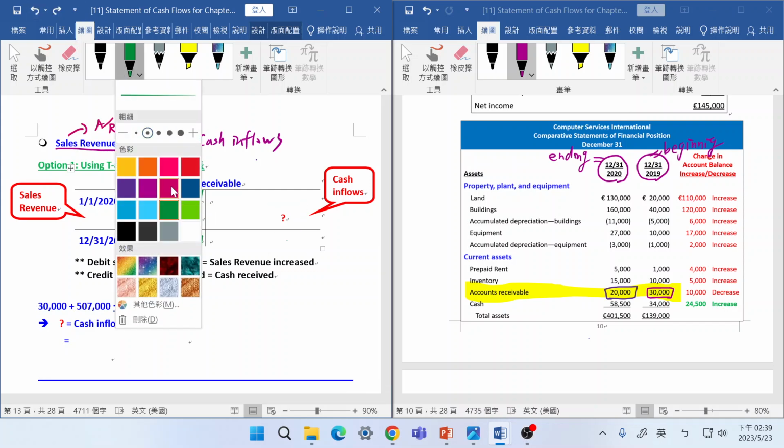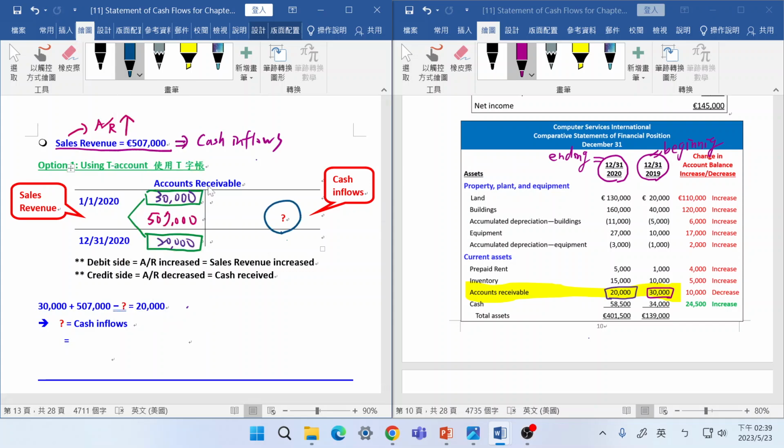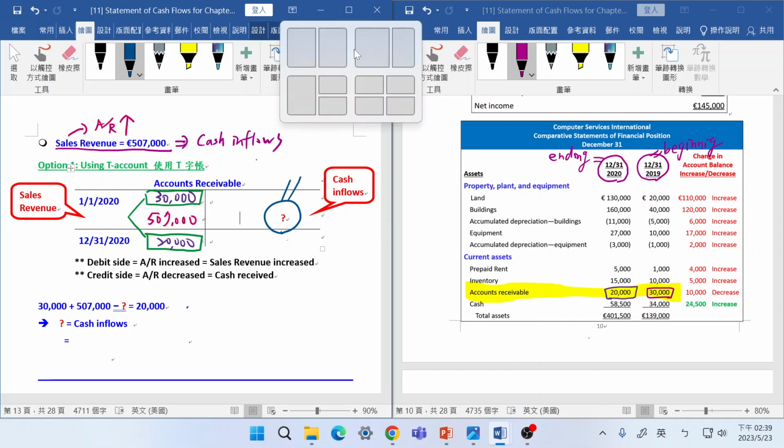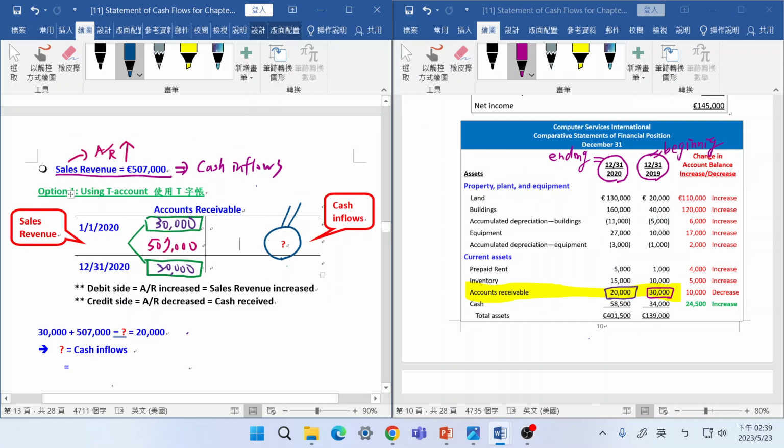Why is that? Because you got the cash from customers. Could you tell me, when you got the cash from customers, what's the journal entry you use?